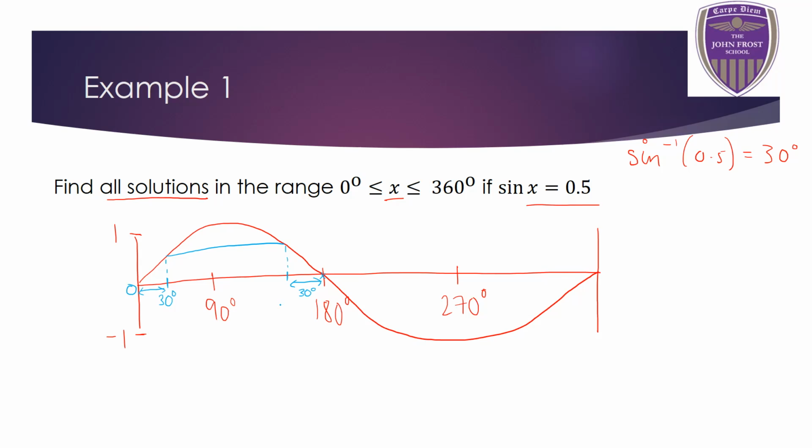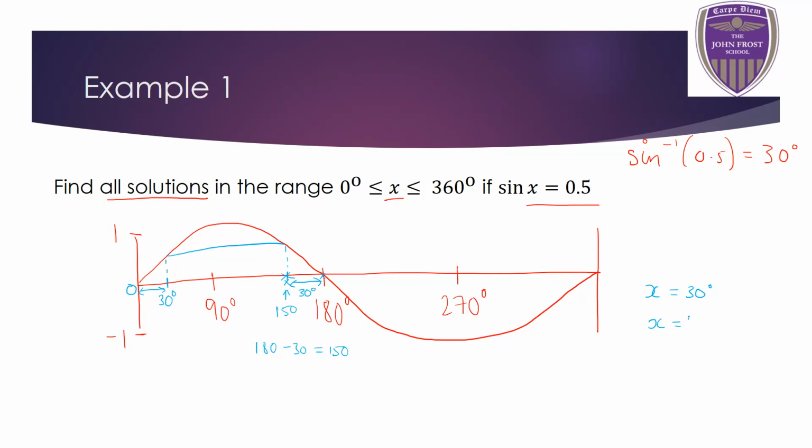So one solution is x equals 30, which we worked out from the calculator. Another solution is this point on the graph here, which should be 150. If that's 180 and this is a gap of 30, this value is before 180, so 180 take away 30, 180 minus 30 is 150.